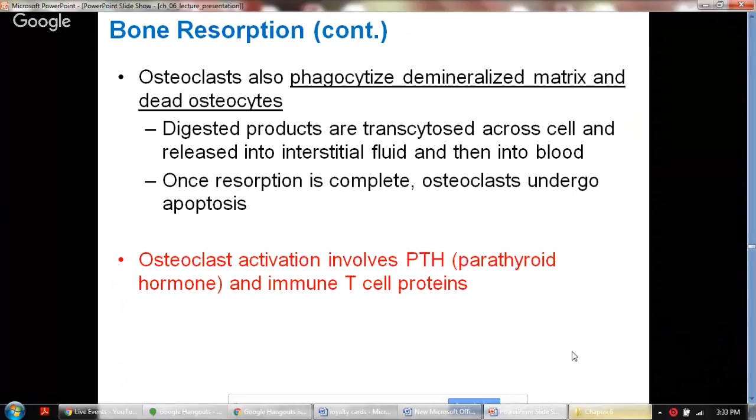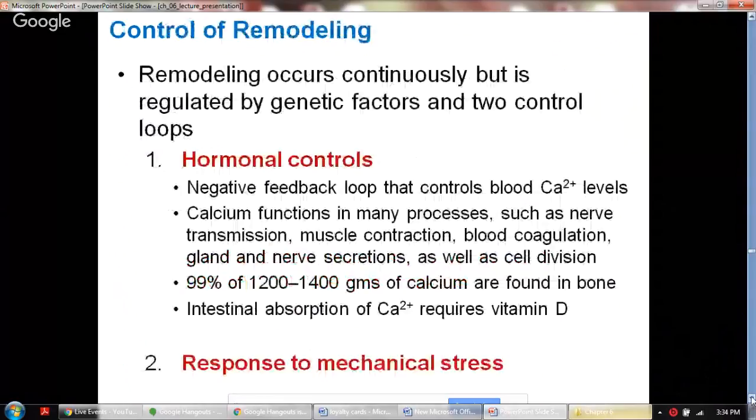And once this resorption is complete, osteoclasts can undergo their own cell death, which we call apoptosis. Apoptosis of the osteoclast happens with the involvement of the parathyroid hormone and the immune T cell protein. So that is important.